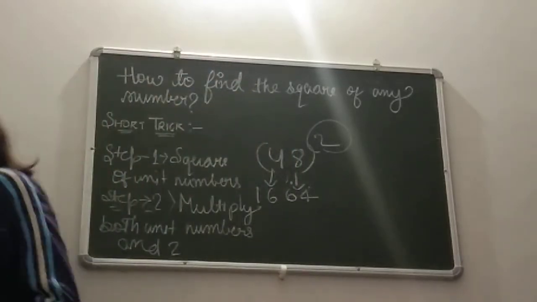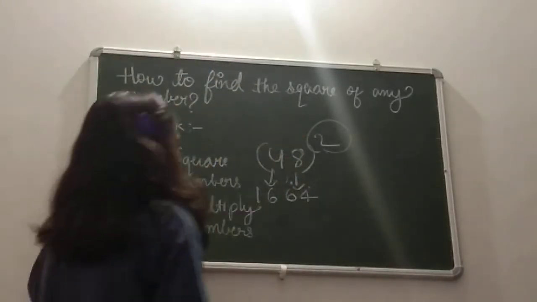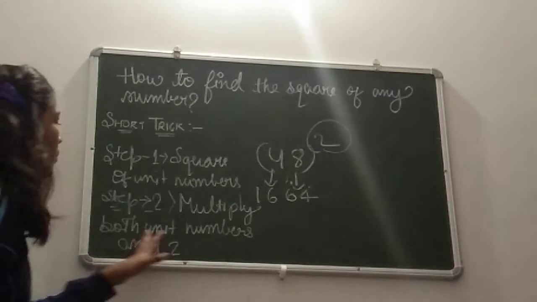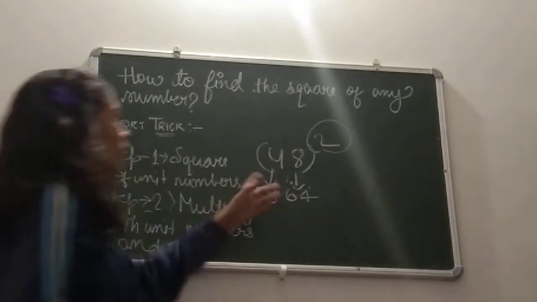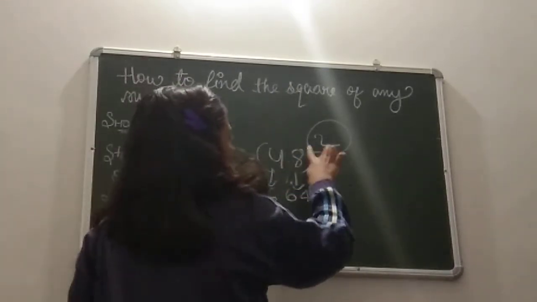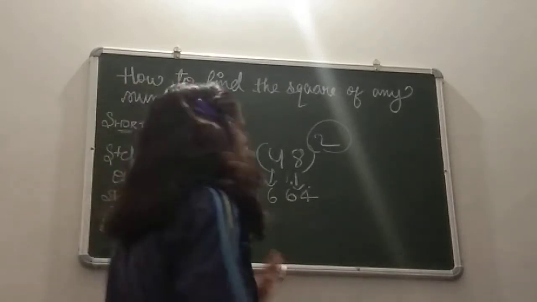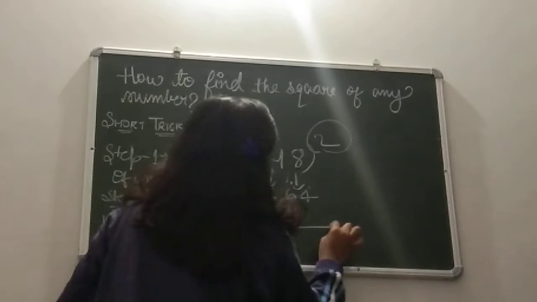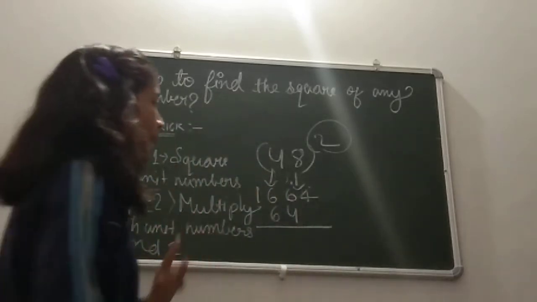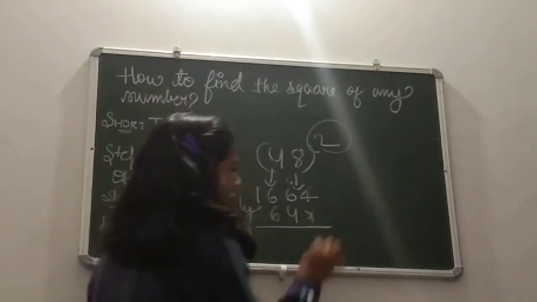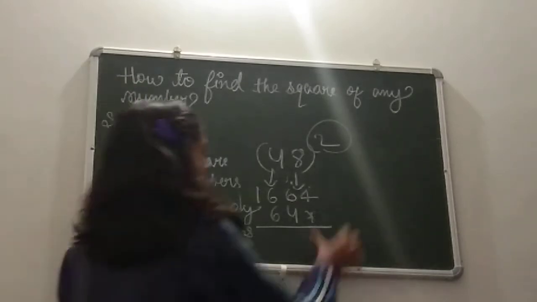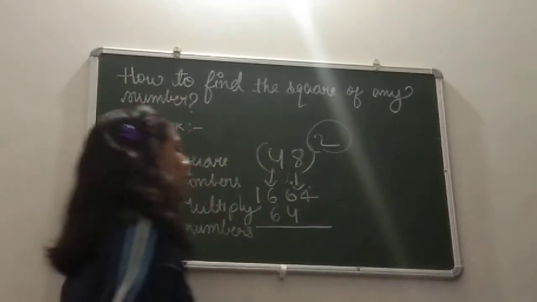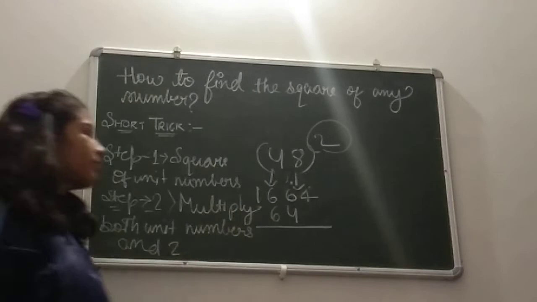So let's write down the next step. We multiplied both unit numbers and 2, and after multiplying these numbers we got 64. So you have to write 64 here. And remember, you have to leave this unit place. Don't write anything here. Leave this place and continue from here.